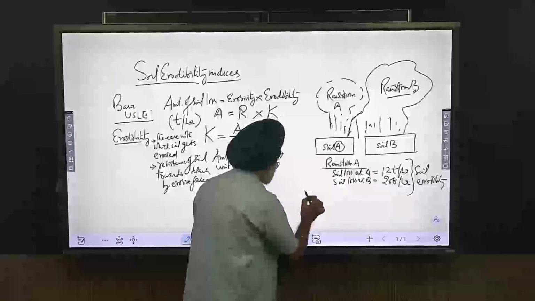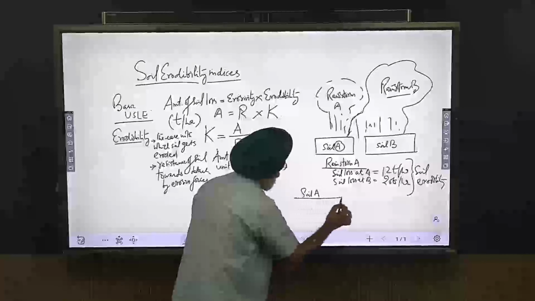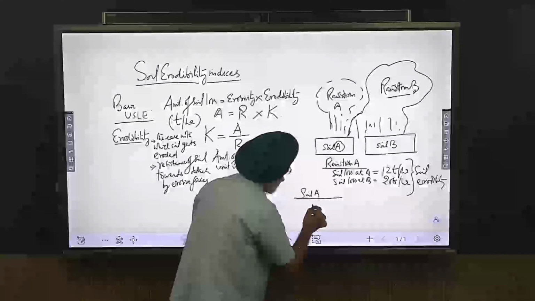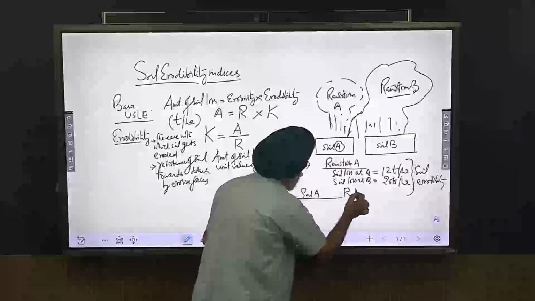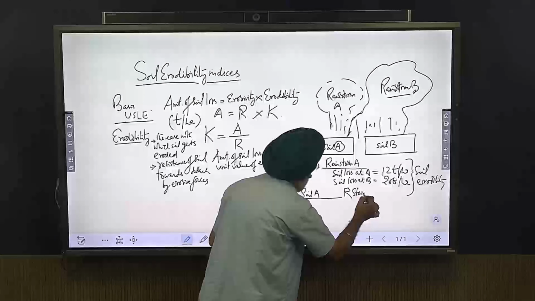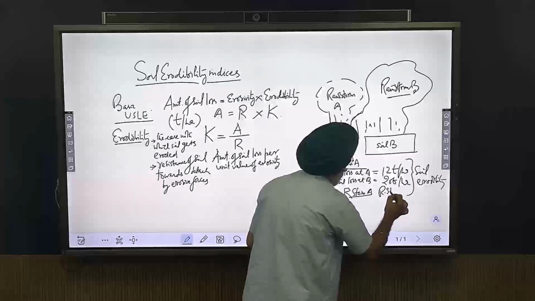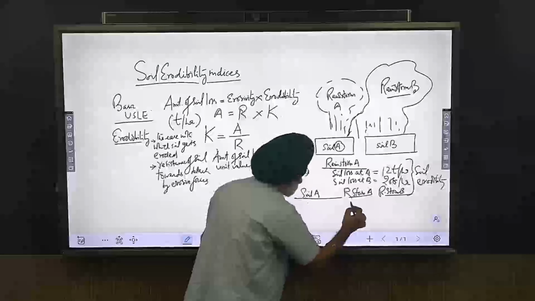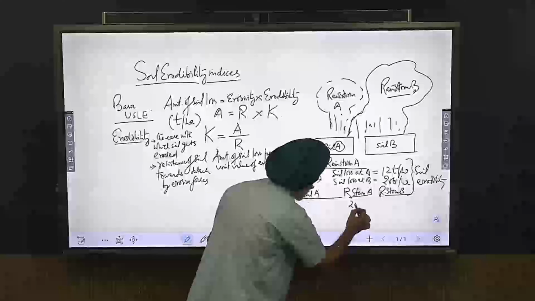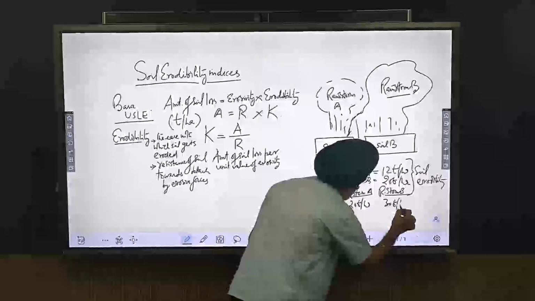On the other hand, if you have say soil A and rainstorm A and then rainstorm B. So, on this soil it is causing 20 tons per hectare and it is causing 30 tons per hectare.